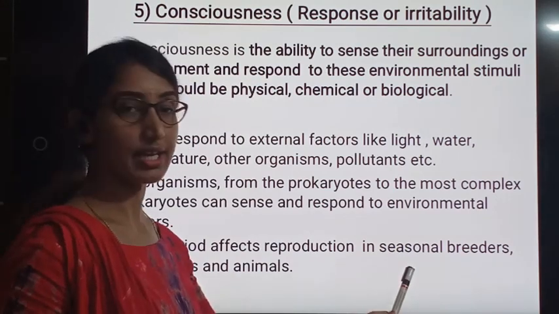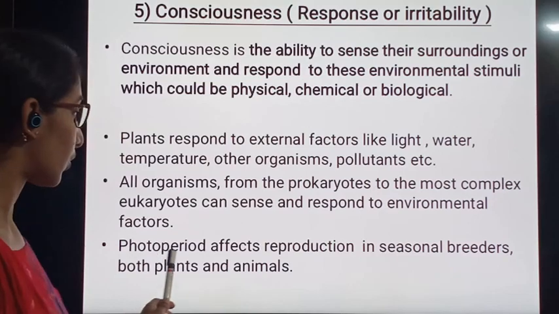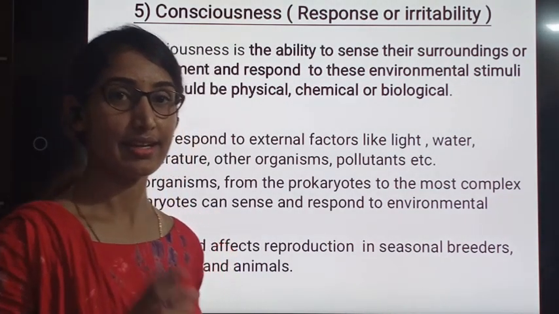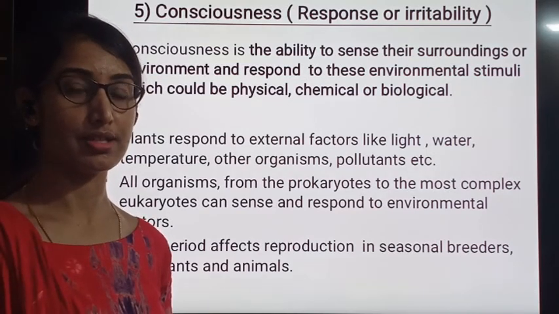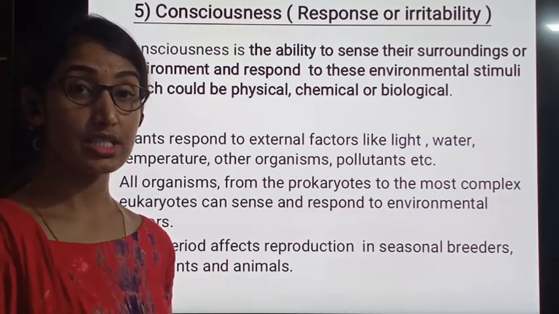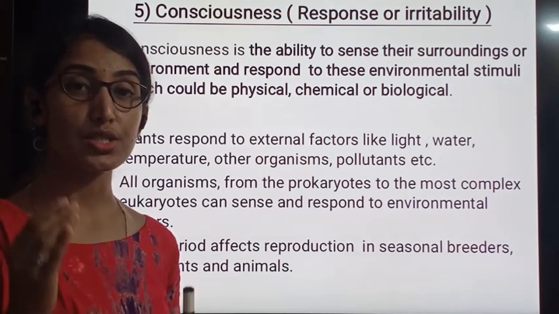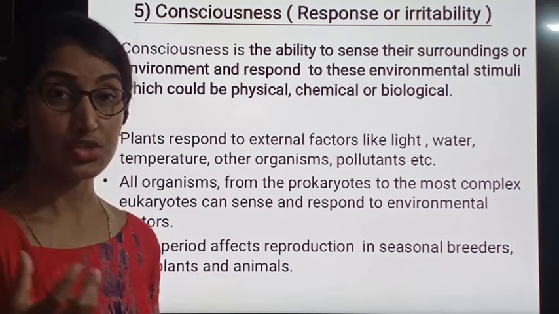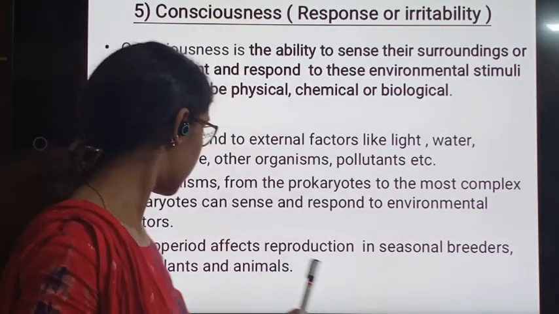Organisms which depend on the photoperiod, we call seasonal breeders. That means some plants or some animals are capable of reproducing only during particular periods of the seasons, and such animals are called seasonal breeders.